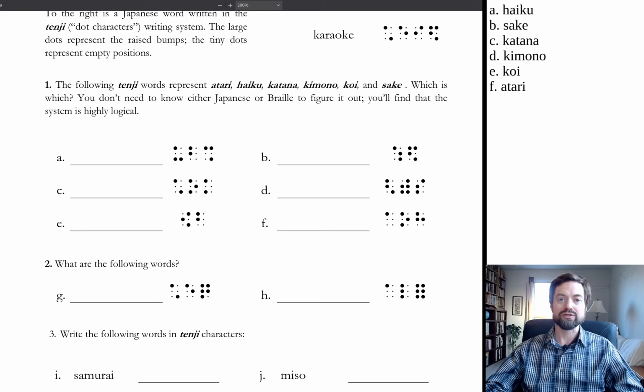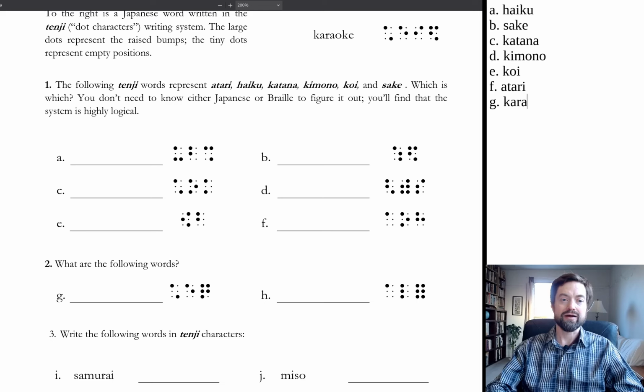Now we know that C is katana. So this word here, we know that the first sound is ka. But now we're left with, wait a minute. Here it is, ra. There's a ra. Okay, so that's a ra. So this is ka, ra.